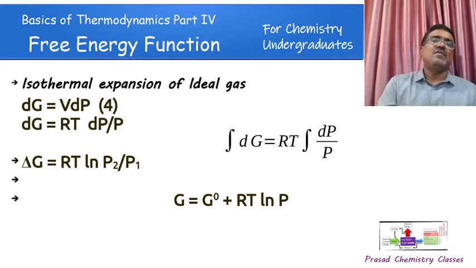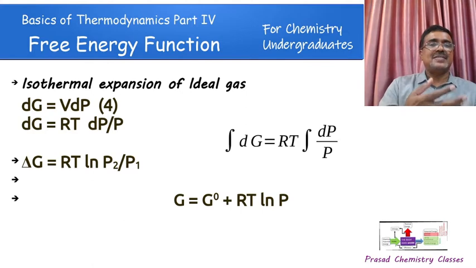Okay. Without using limits also we can do the integration. Integral of dG is equal to RT integral of dP by P. And you can put this expression G equals G0, that is the integration constant, plus RT log P, and G0 we define as the standard state, where we put P equals 1 atmosphere pressure.